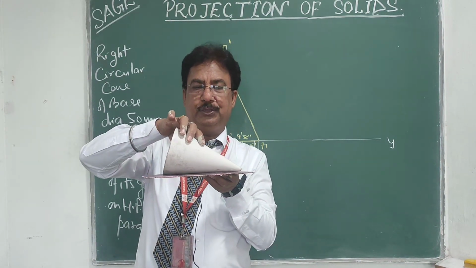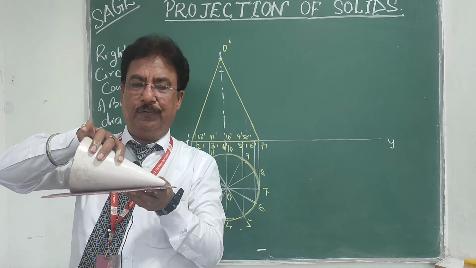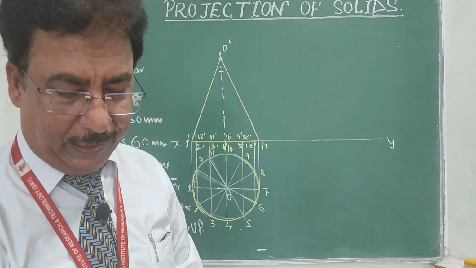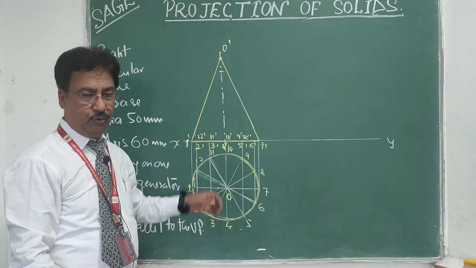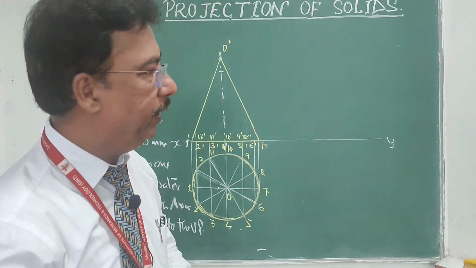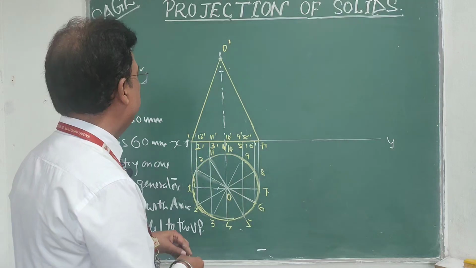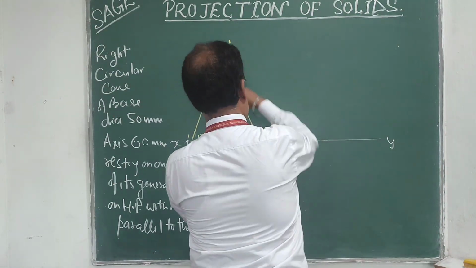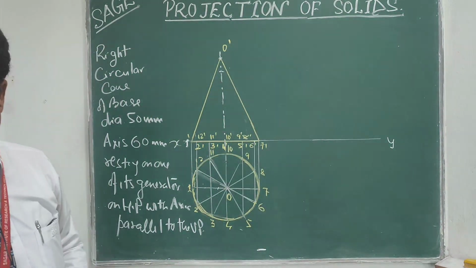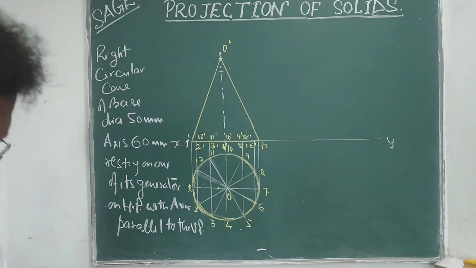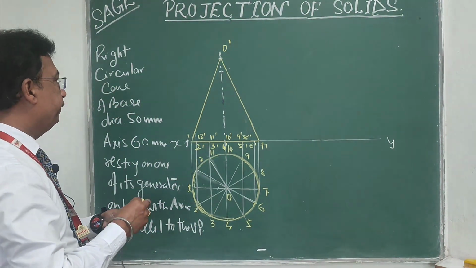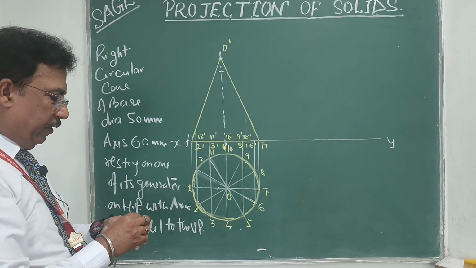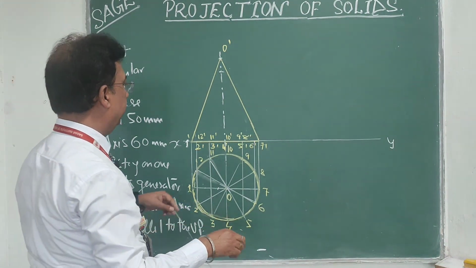So that is the next position of the solid, and as you know, when we make the axis inclined to HP, the front shape of the front view is not going to change. So I am going to copy the whole figure from this front view in the next position. So I will take this length, and with the help of this earlier figure I am going to copy the figure.